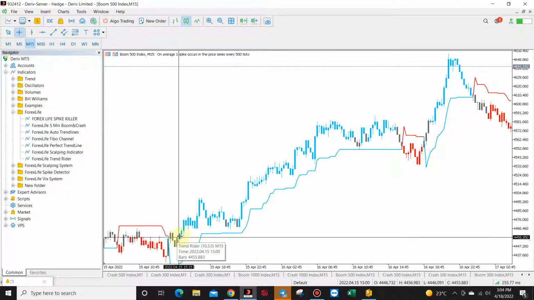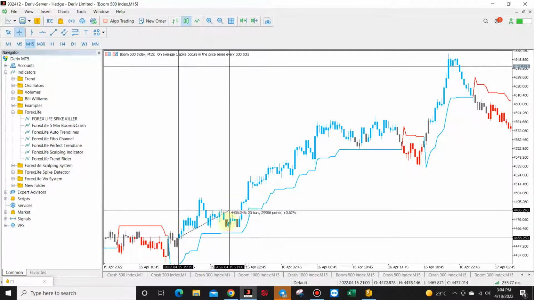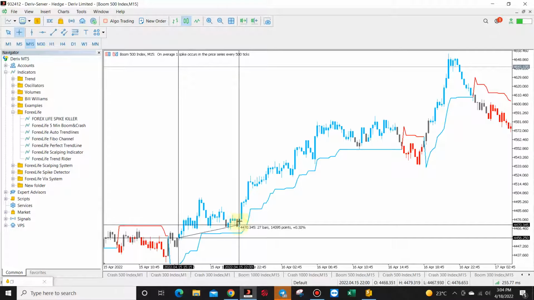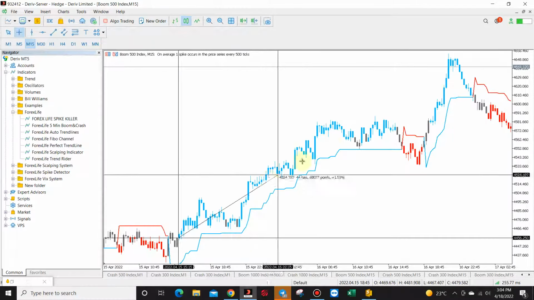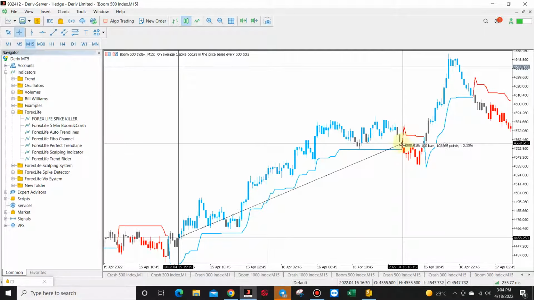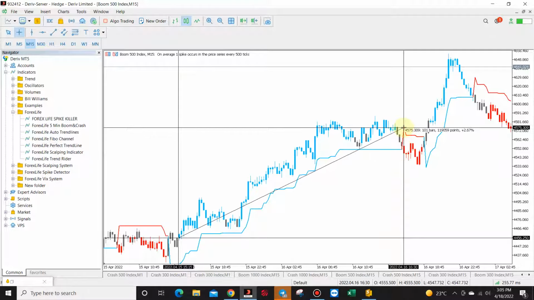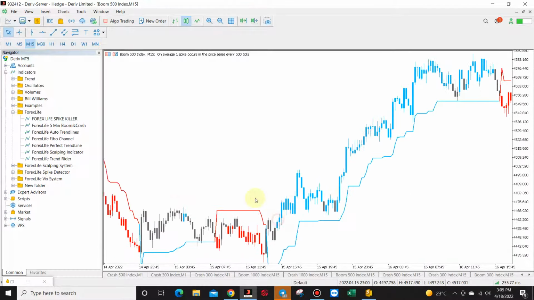And then this is a nice long buy. The candle is blue, the trend rider is blue. Here the candles changed gray, however it did not close below. Over here as well, didn't close below. And over here our trend rider changed red. So what do we do? We close our trade.